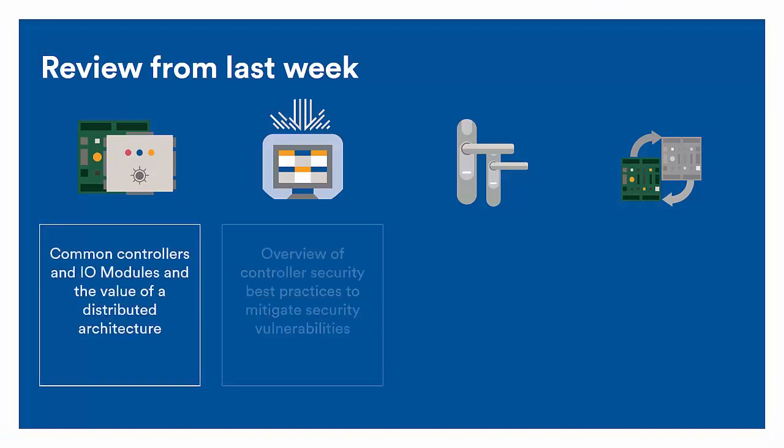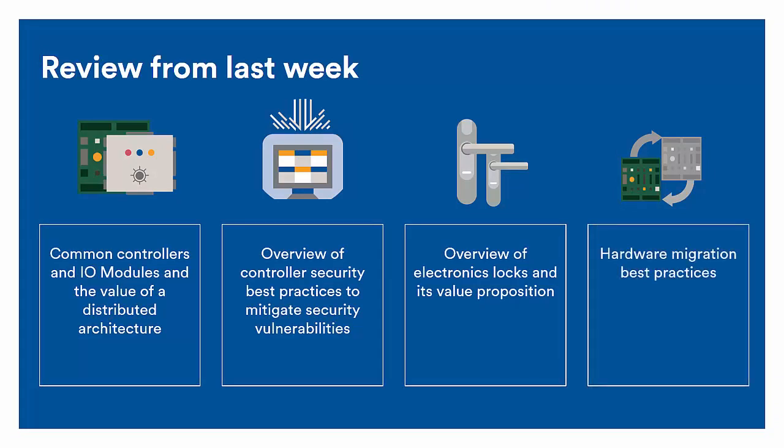So as a review from last week, we kicked off the module talking about the role of controllers and interface modules, and then walked through some common controllers and interface modules that we integrate with. We then introduced the Synergis CloudLink appliance and talked about the value of a 3-tier distributed architecture as you're bringing more intelligence down to the edge for a more reliable system.